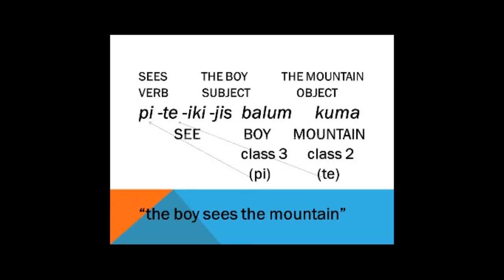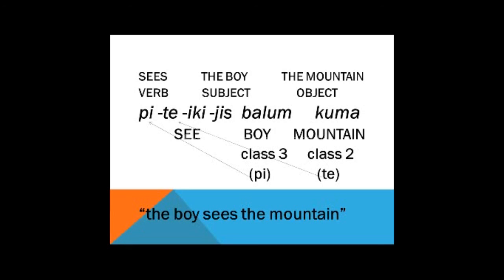Again, go to the beginning of the sentence and look at the verb. Pi, che. So the two prefixes on the verb are respectively the noun class 3 prefix, because the subject belongs to noun class 3 in the sentence, followed by the noun class 2 prefix, because the object in the sentence belongs to noun class 2.